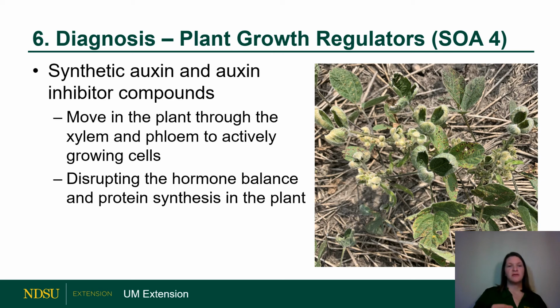Since it is a synthetic auxin or an auxin inhibitor, this disrupts and imbalances the hormones, messing up cell division and protein synthesis within the plant. So this is why it is occurring in the new growth.